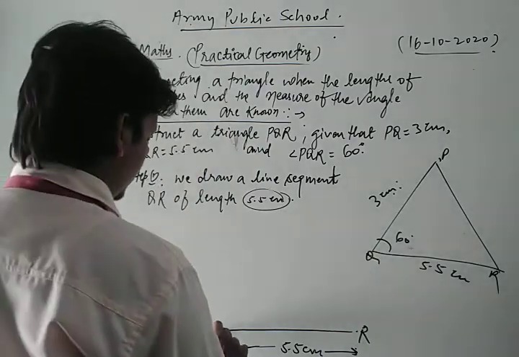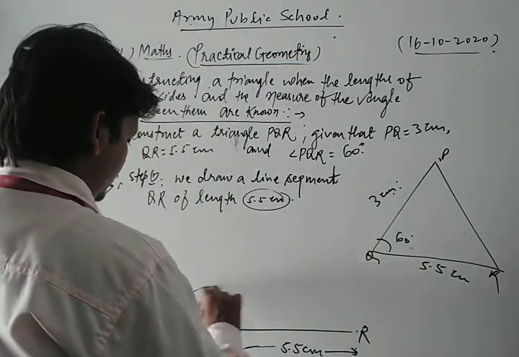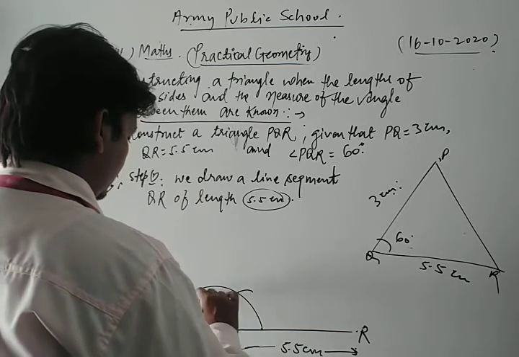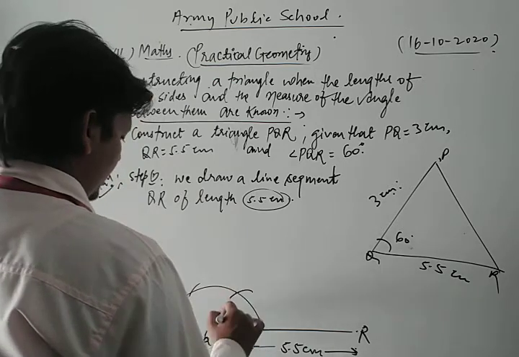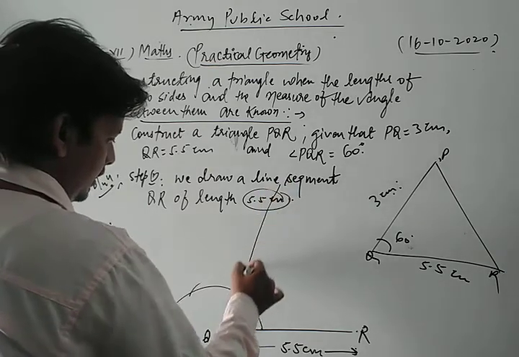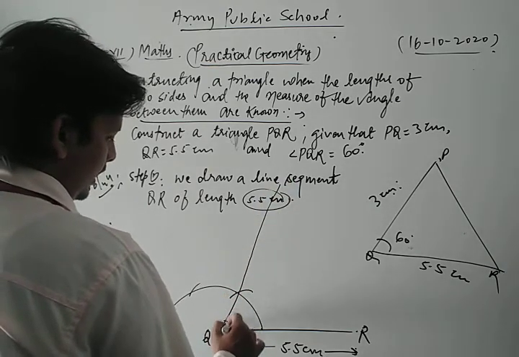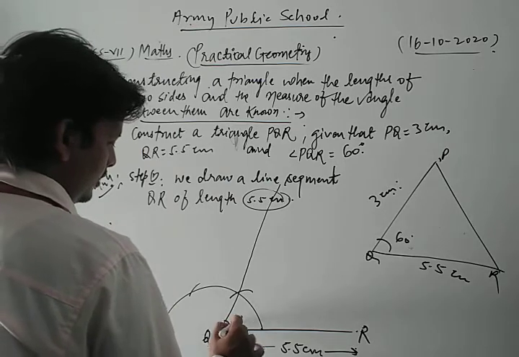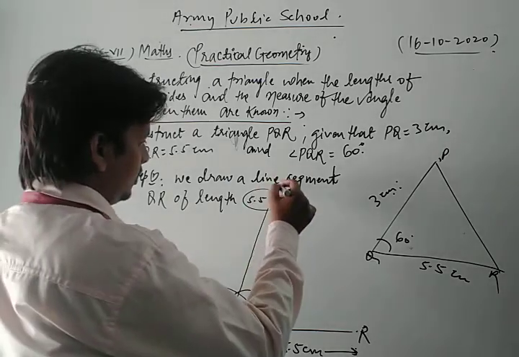We take Q as center and construct the angle in this way. And at that angle we draw a ray. This angle is 60 degree, dear friends. Draw the ray QX.